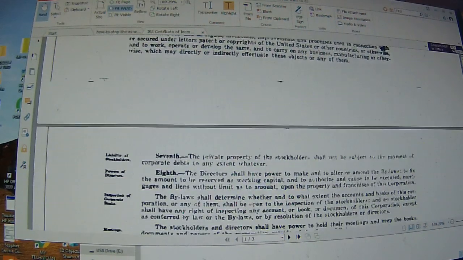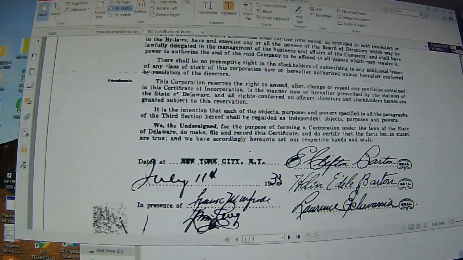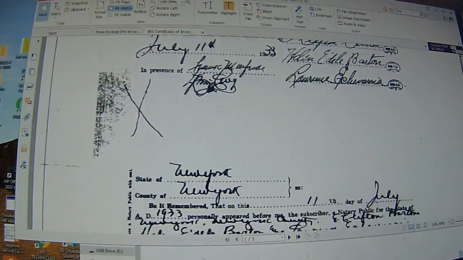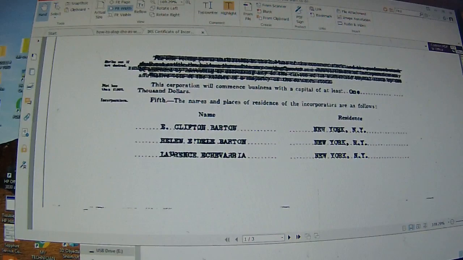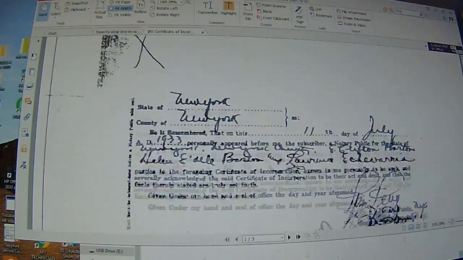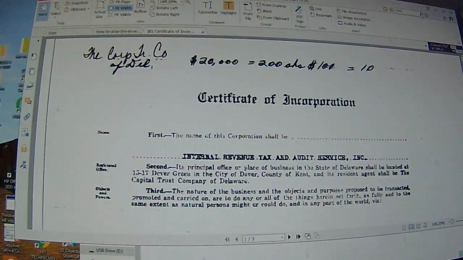I'm not going to read all this stuff because it's an old document. I just want you to know. Here it is. You're looking at it right there. This is when the Internal Revenue Service done the deed. Certificate of Incorporation of the Internal Revenue Tax and Audit Services Incorporated. All right, let's move on.